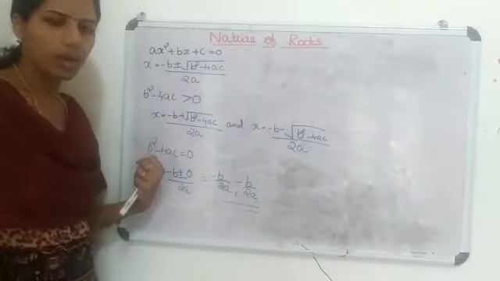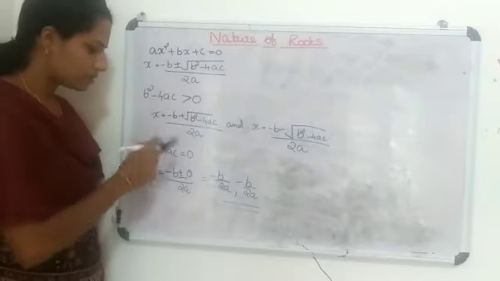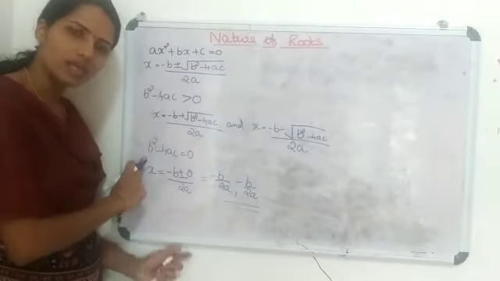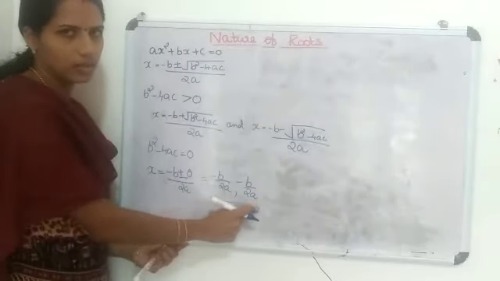That means when b square minus 4ac equal to 0, we get two equal roots.